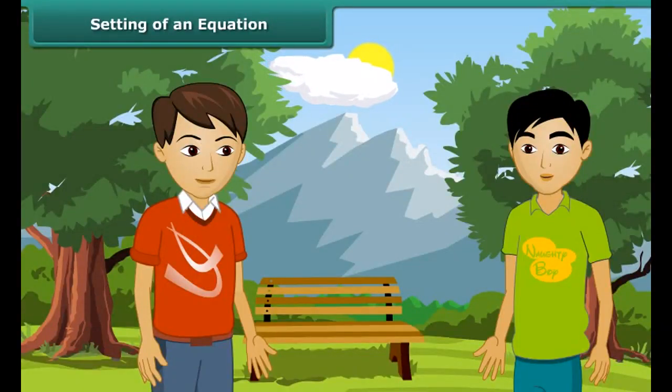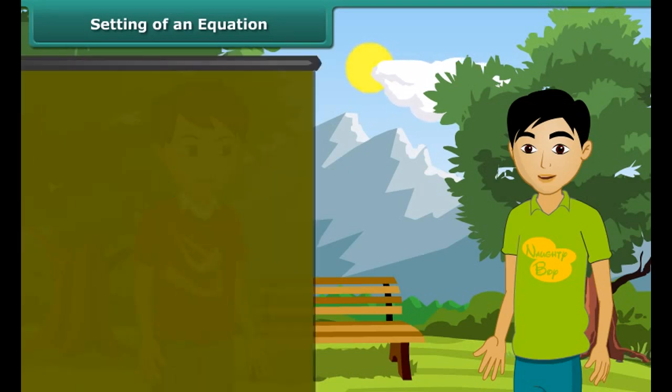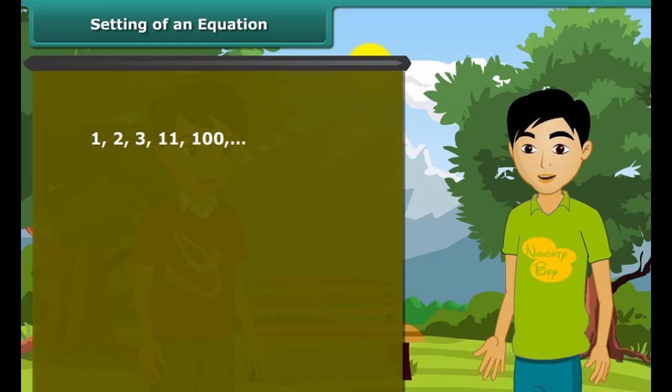Firstly, I will tell you how to set an equation. Let us take the same example. I asked you to think of a number. I did not know that number. For me, it could be anything, 1, 2, 3, 11 or 100. I denoted that unknown number by a letter, say x.